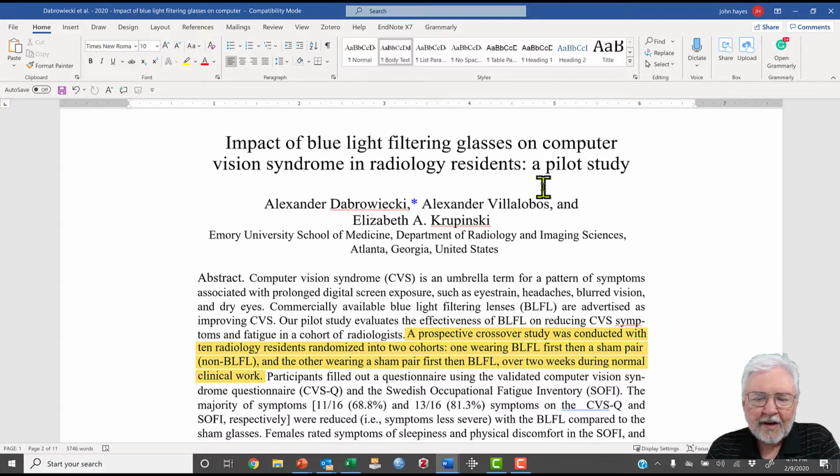And they're subjected to really quite intense amounts of blue light. So the question was, can we give these glasses and will it help? The way they measured it was through symptom surveys. They had a computer vision syndrome survey and a Swedish occupational fatigue one, and they did a randomized prospective crossover study. So this isn't a bad study in terms of its design.